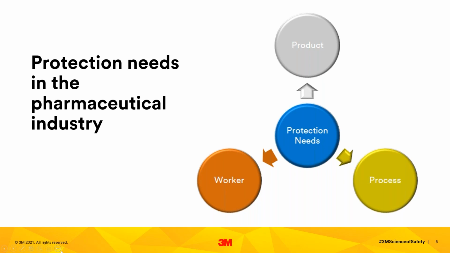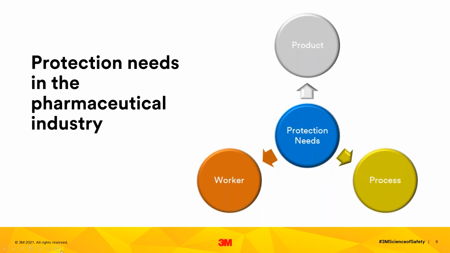One of the things that's unique about pharma compared to maybe some of the other industries you might sell safety equipment into is that pharma needs to protect not only the worker, but they have concerns about protecting the product and the process as well. So many of these process locations might be clean rooms, might have a need to minimize contamination of the product.